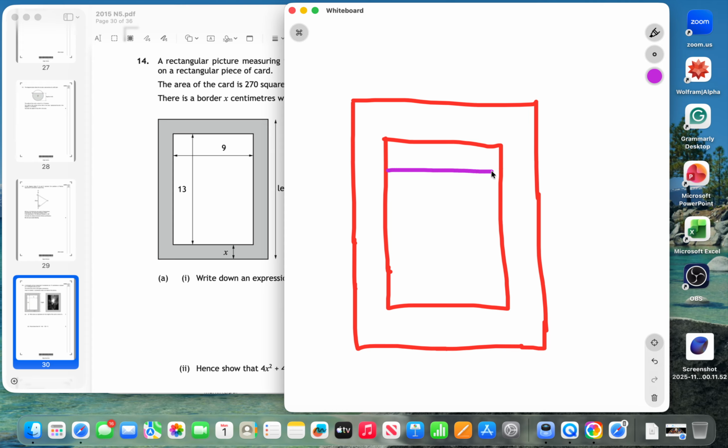So this distance is 9 centimetres. I won't put the units in because that will take up a lot of space.